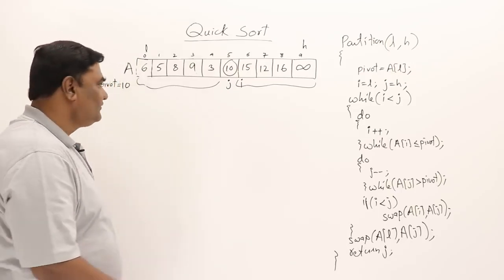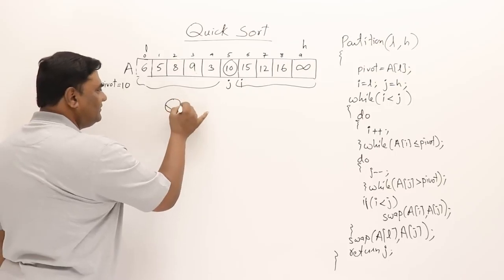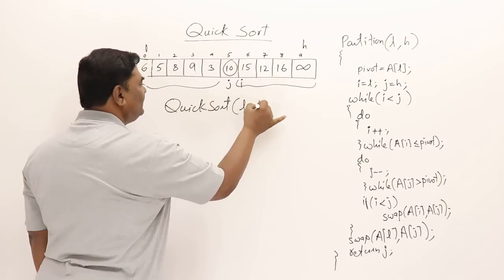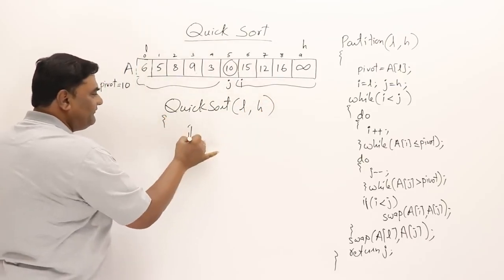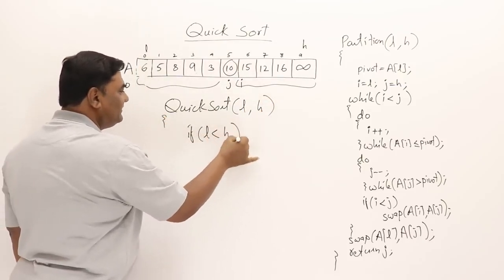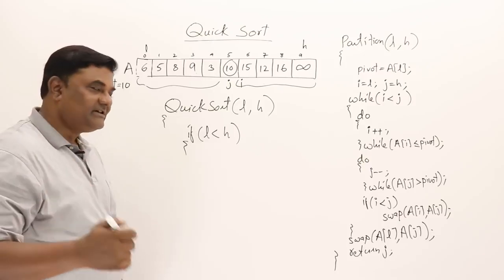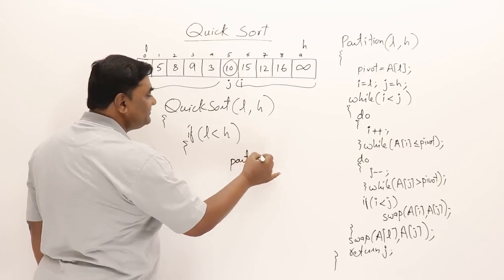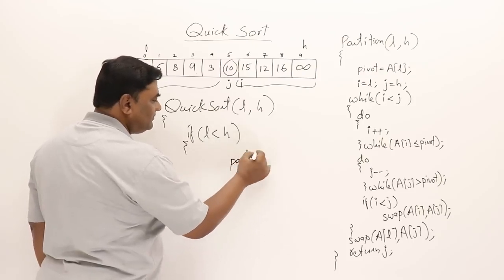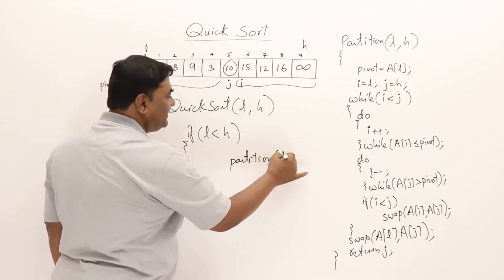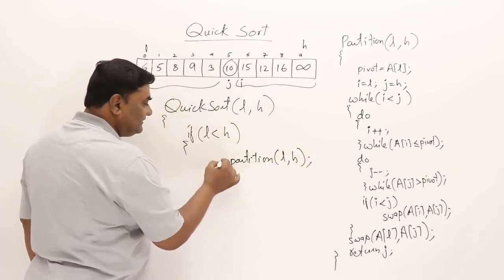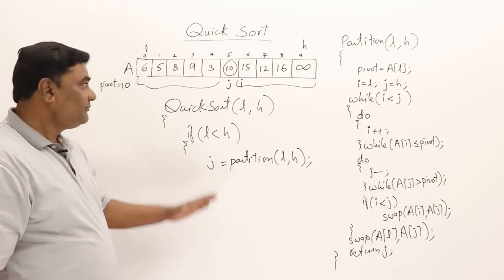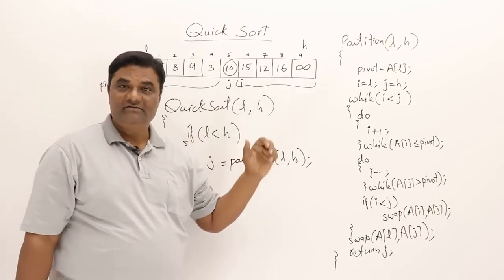Let us see how QuickSort works. QuickSort will take low and high. If low is less than high, meaning at least there are two elements, then it will call the partition algorithm by passing low and high, and that partitioning algorithm will return j, the position where the partitioning is done.